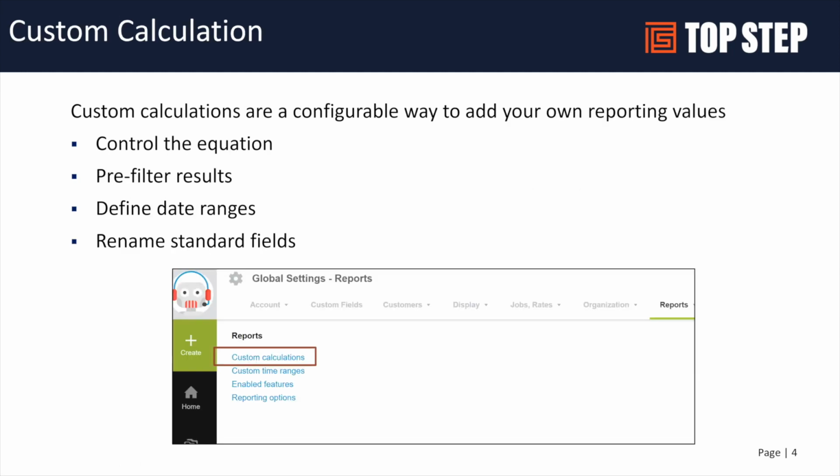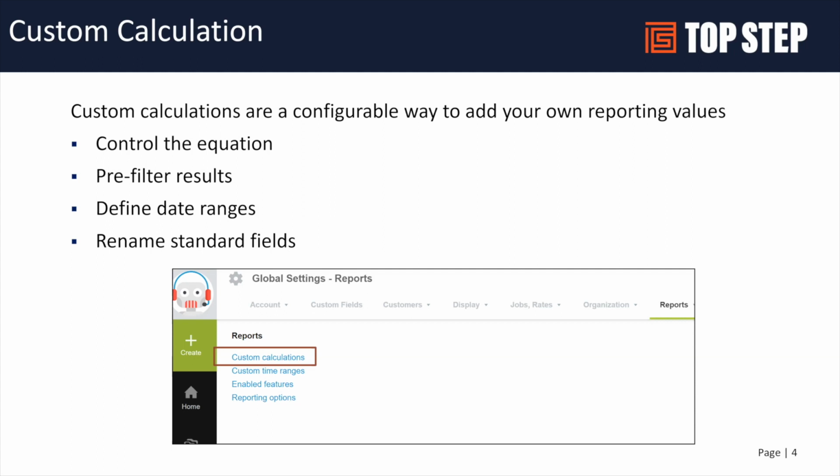Custom calcs are a configurable way to add to your reporting values and give you a way to control the equation. You can create new values that are not otherwise there, or create custom calcs just so you can control and rename the equation. You can also pre-filter the results.